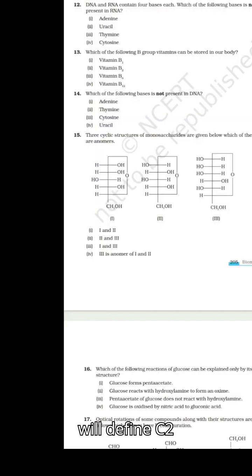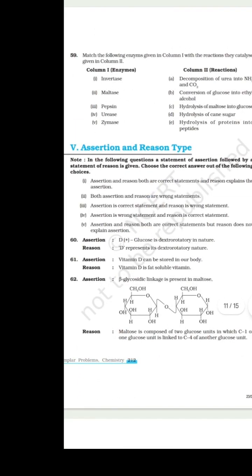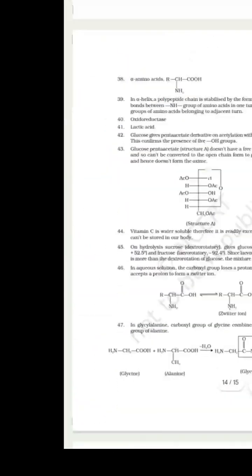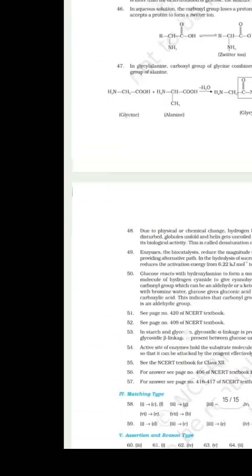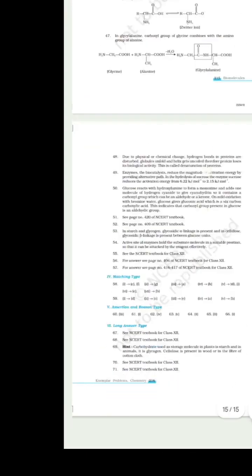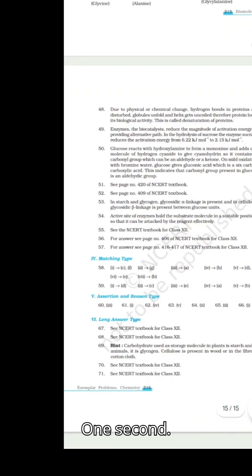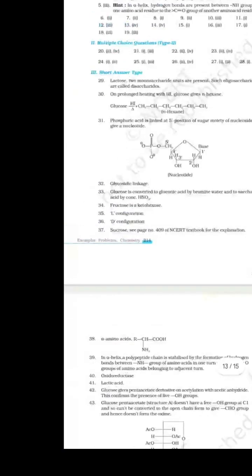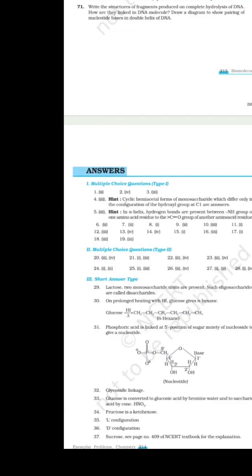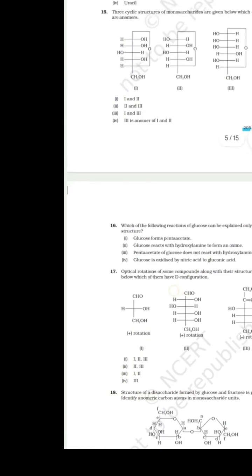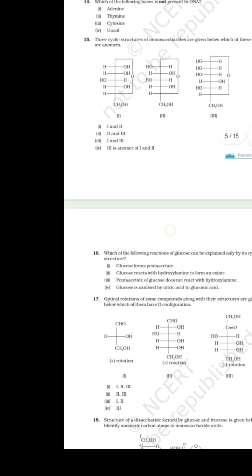So the correct answer, we can see here in our 15th question. One second. The first option is correct, options 1 and 2.